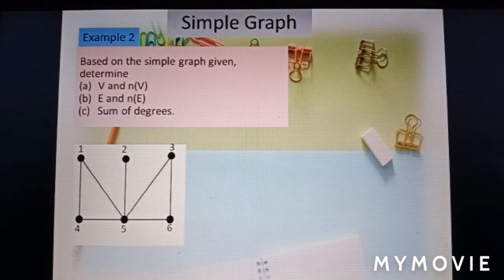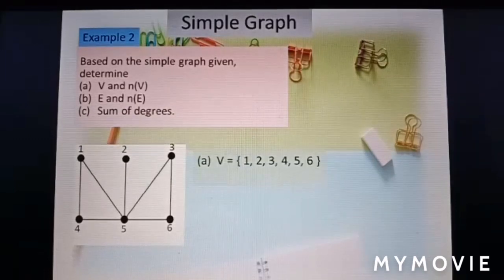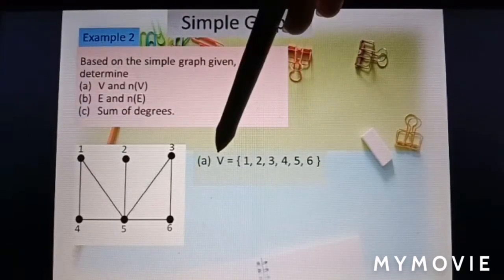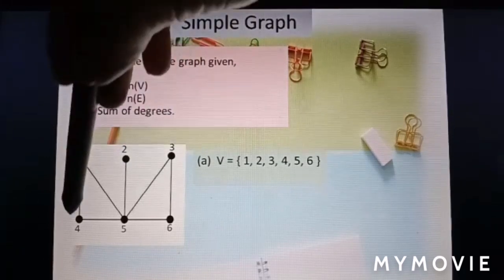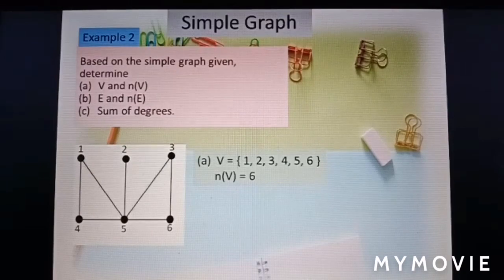Now we look at example 2. Based on the simple graph given, determine E, V and number of V. Set of vertices is 1, 2, 3, 4, 5 and 6. Number of vertices is 6.